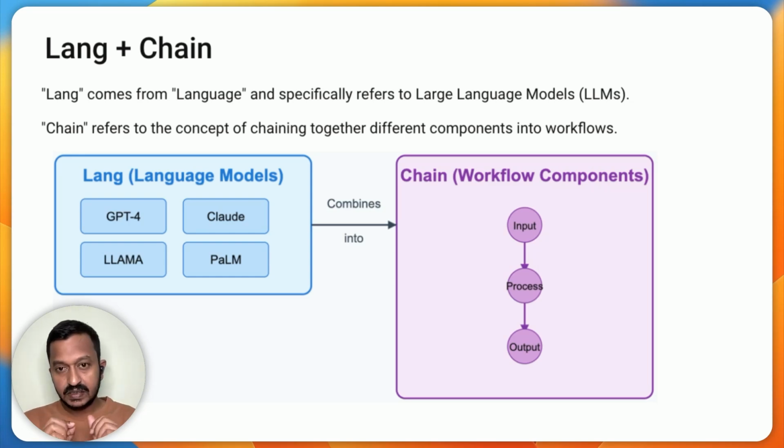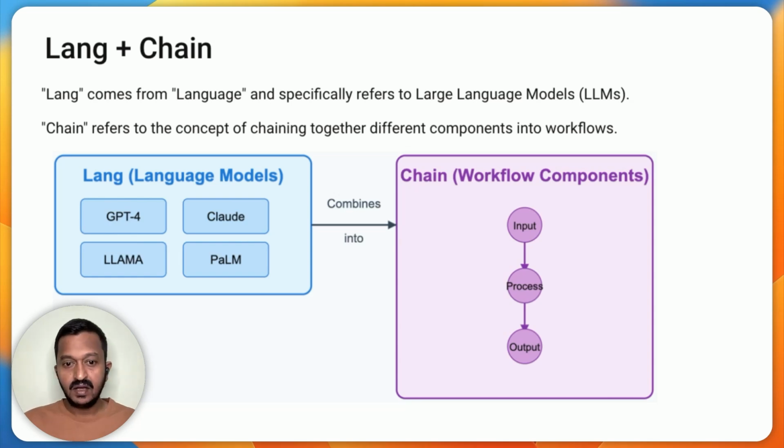We can split the word LangChain into two parts, that is Lang and chain. Lang, right? Language models. As you can see, GPT-4, we have Mistral model, we have Llama, we have Palm, we have Claude. And then the chain refers to how LangChain works.